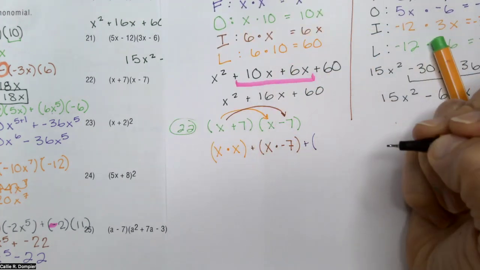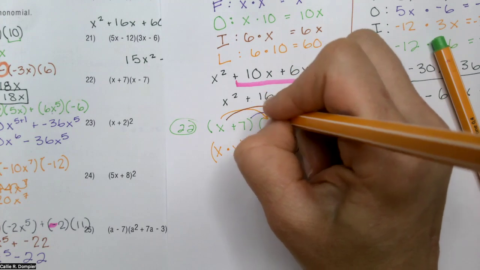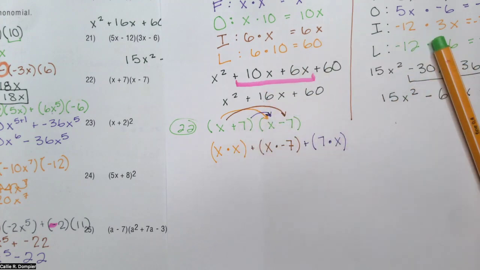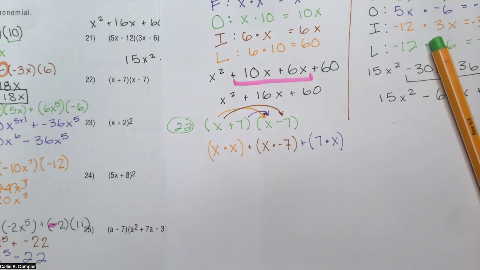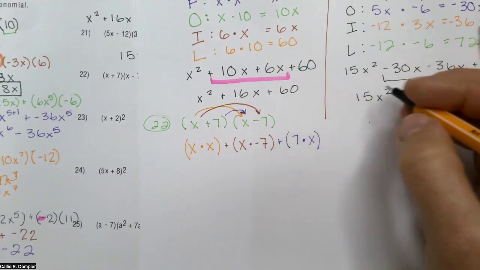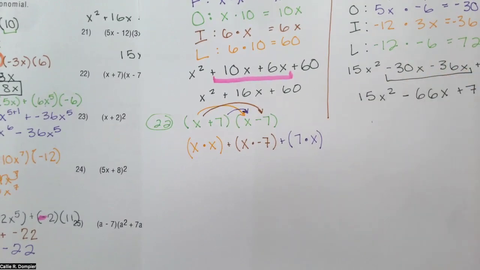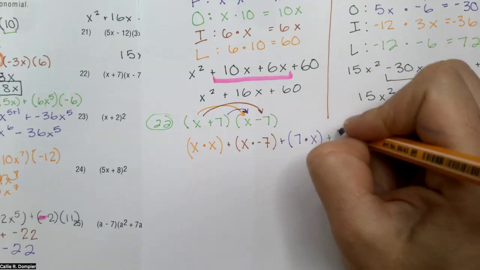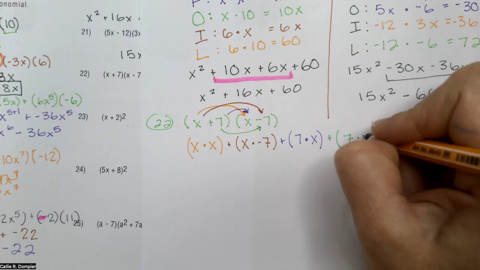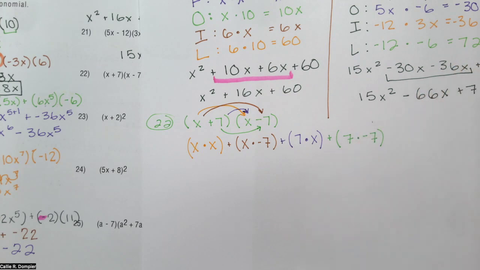Inside is 7 times x. And then last is 7 times -7. Good.